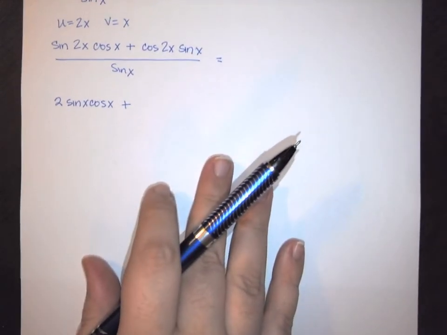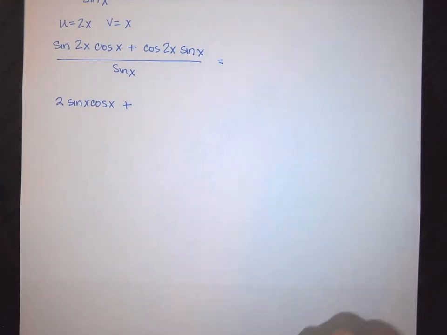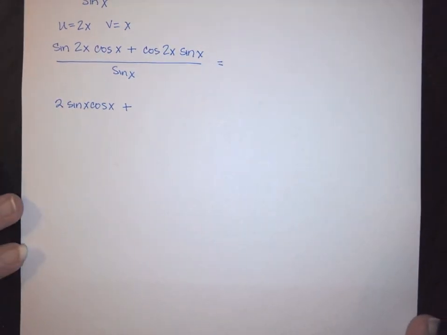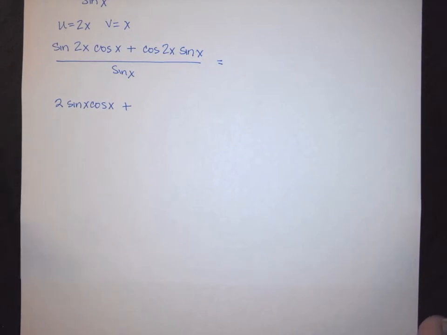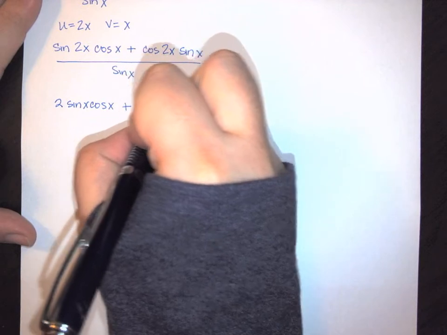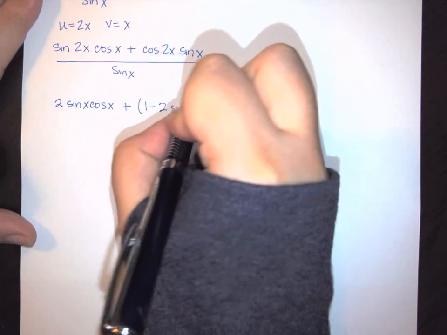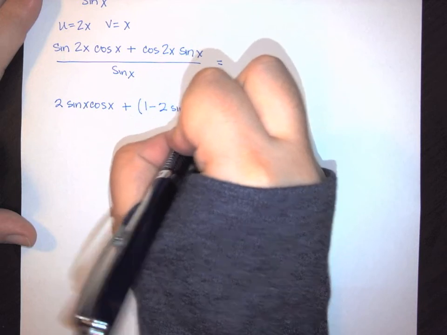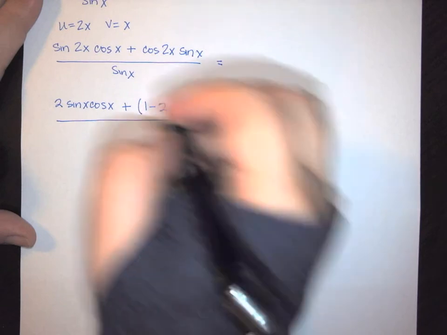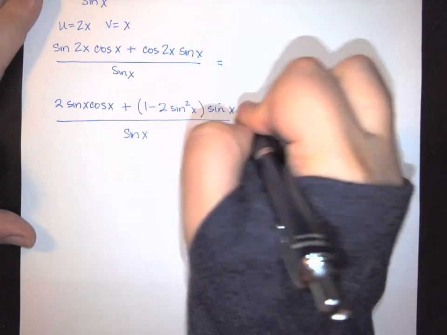So I would lean more towards trying, and notice I said try, because when we're dealing with double angle for cosine, sometimes you may try the wrong version. So this is just trial and error. So we're going to try the version that is only sine. And what that means is that the cosine of 2x can be rewritten as 1 minus 2 sine squared of x. And then we've got times that sine of x. And the whole thing here is over the sine of x. Okay.